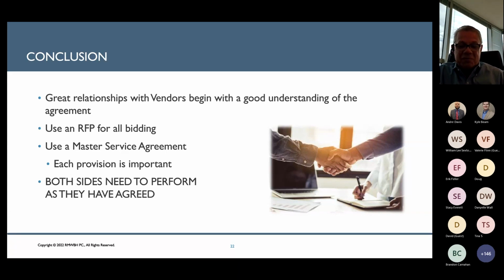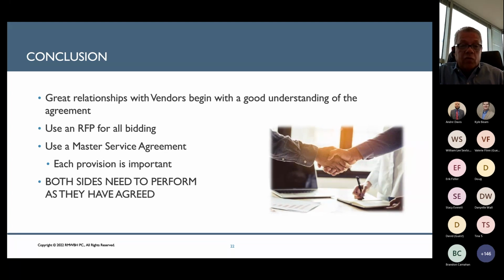Sometimes they may go a little too far, but a request for proposal, an RFP, is always something good so that all vendors are seeing exactly what you want, exactly what is required of them in terms of insurance, and they are all submitting a bid on the same criteria, hopefully.